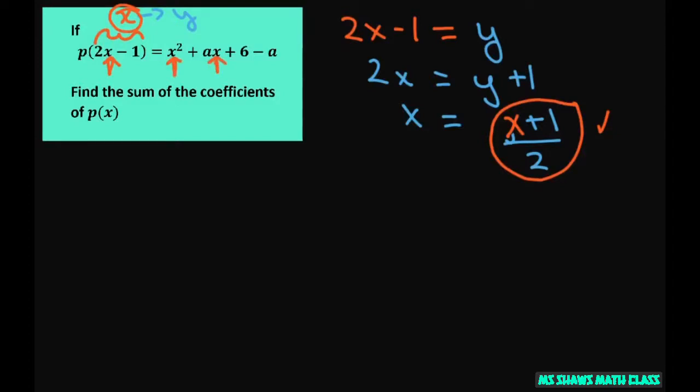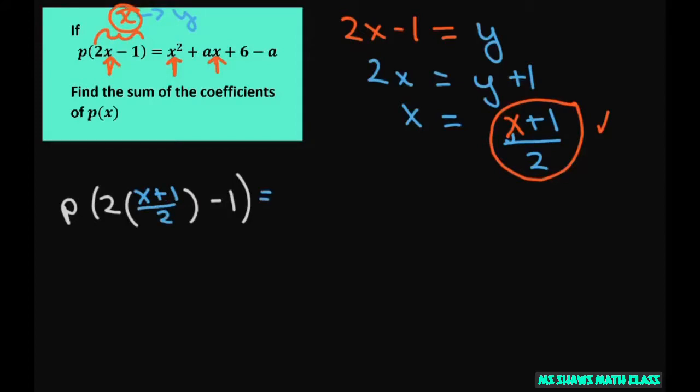So let's try it and see. We have p of 2x minus 1, and we're substituting in x plus 1 divided by 2.